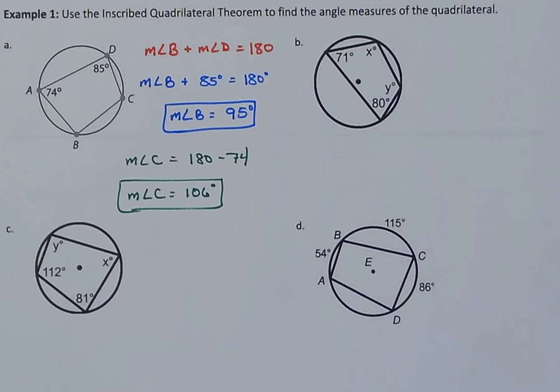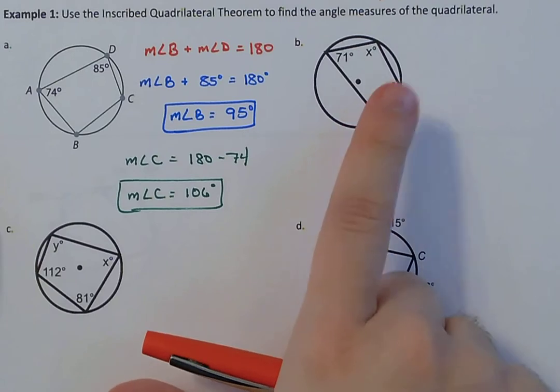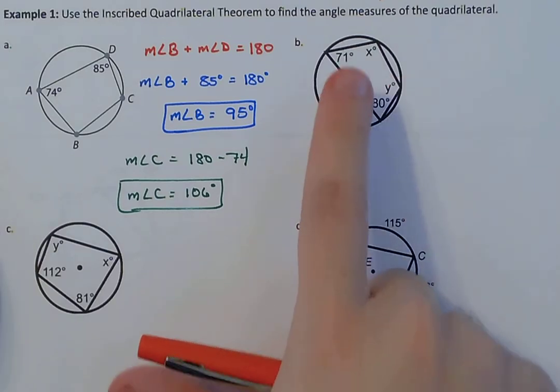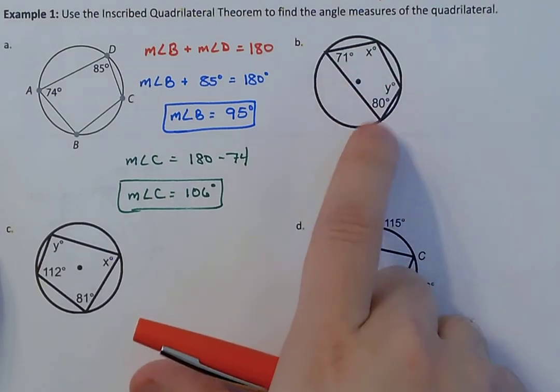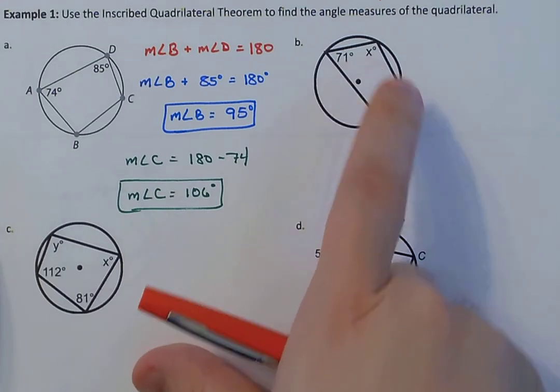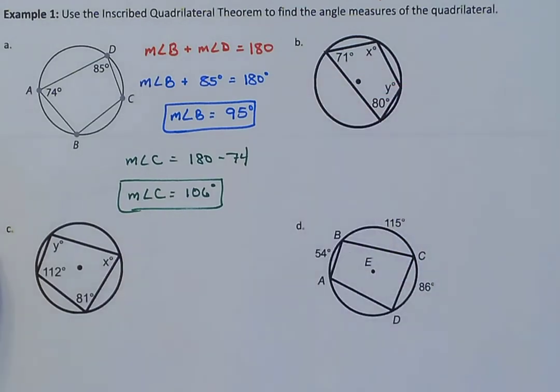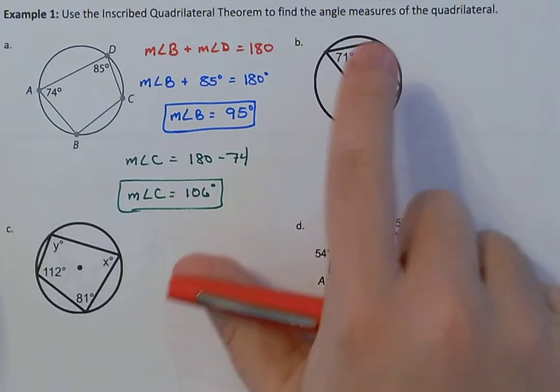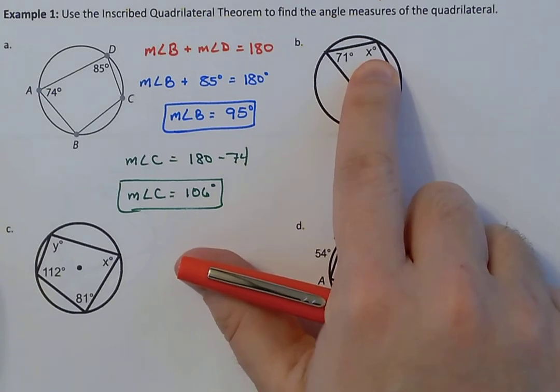So just for extra practice, if we take a look at part B, we have our quadrilateral. They tell us the measure of this angle is 71, this one is 80, and they want us to figure out the value of x and y for this inscribed quadrilateral. So let's start with x. X is this angle right here.